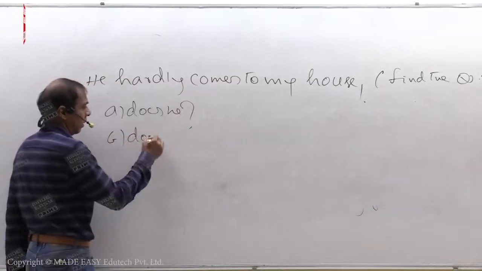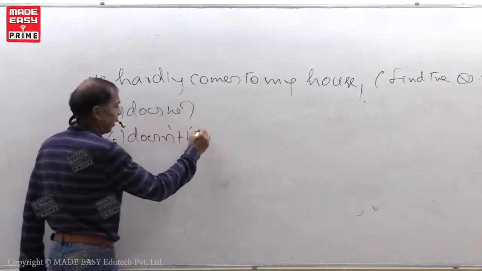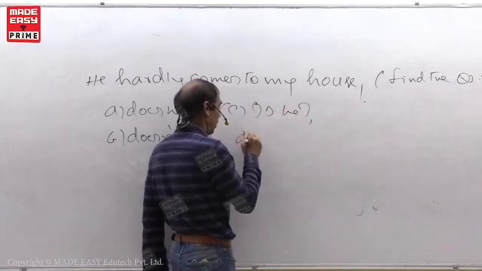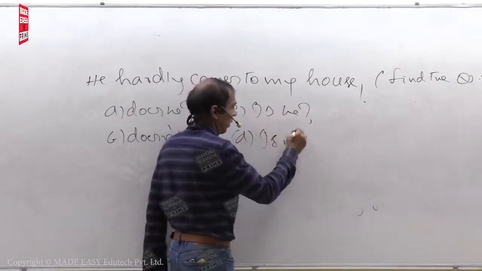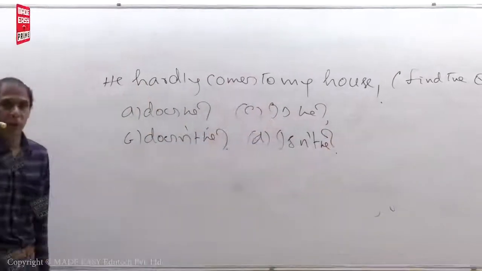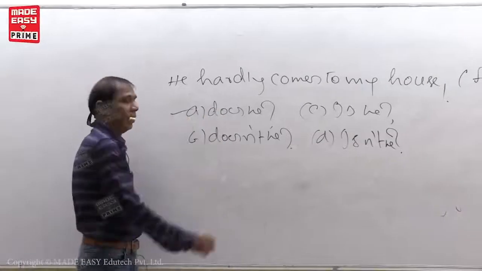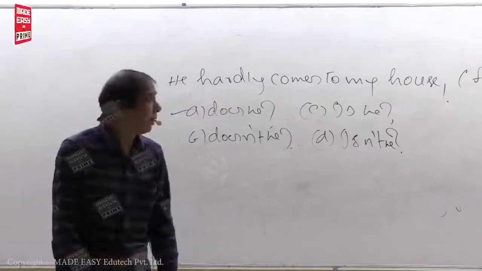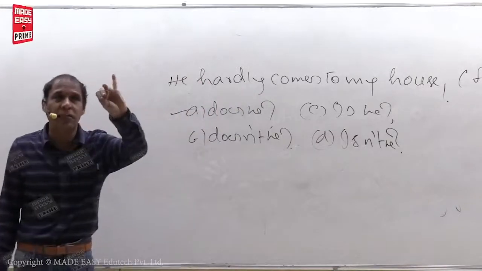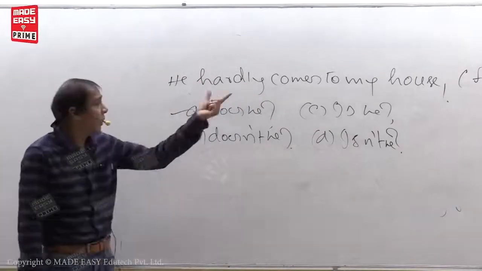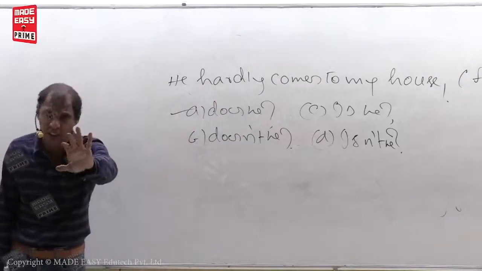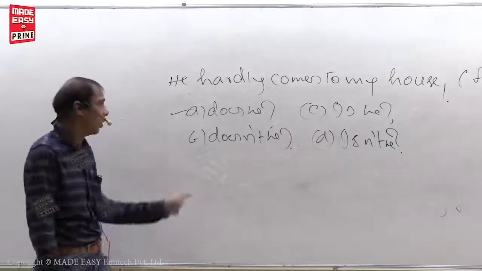B, doesn't he? C, is he? D, isn't he? What is the answer? Does he. Because hardly is here, which is negative. Hardly, scarcely, rarely, seldom, barely, never. I told you. If you find any one of these 6 words in a sentence, it means the statement is negative. Question tag must be positive. So does he is the answer.